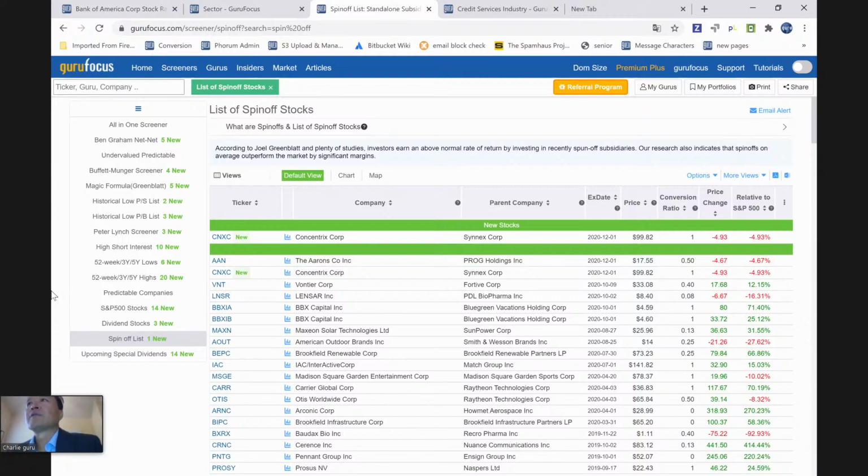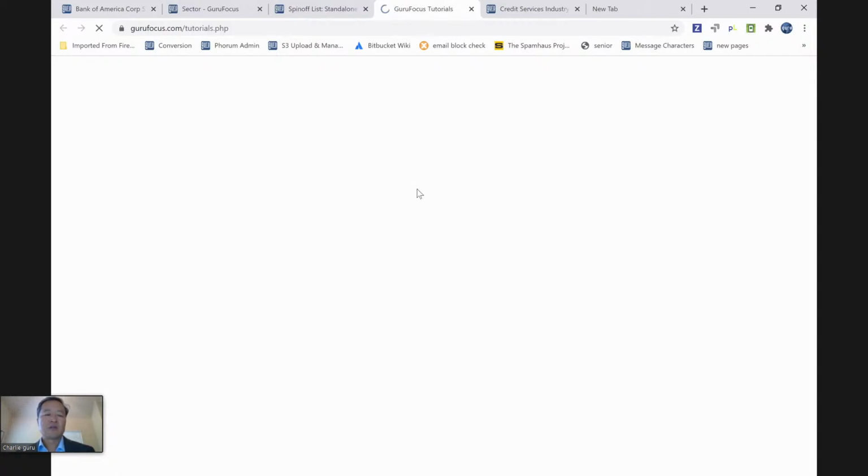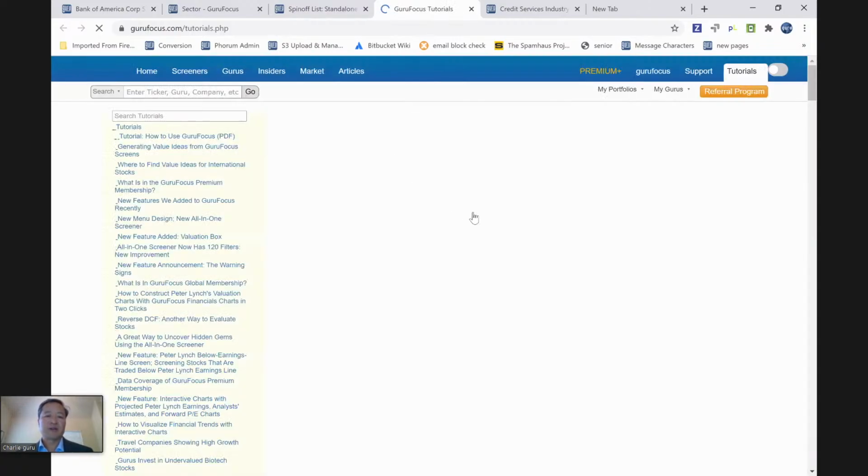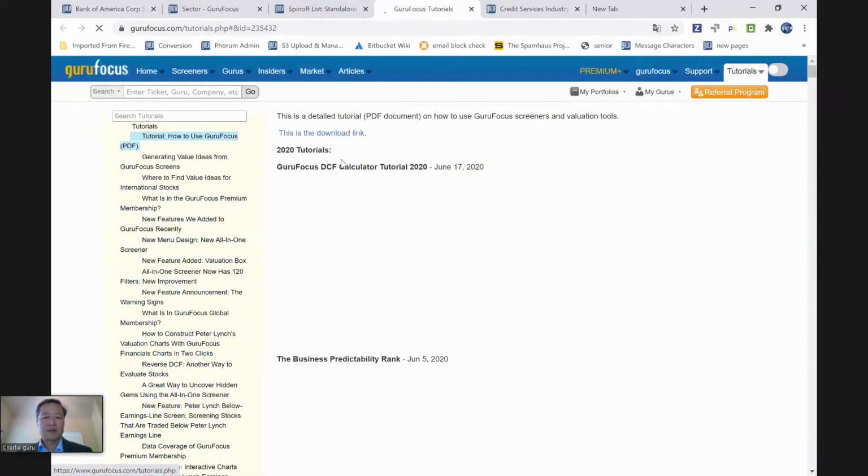Okay, and what's the most effective way to use guru information? I'm not sure what guru information you mean. Overall guru performance, guru portfolio information, or fundamental research information here? We have lots of tutorials, which are linked under this tutorial link here, where we keep adding more.